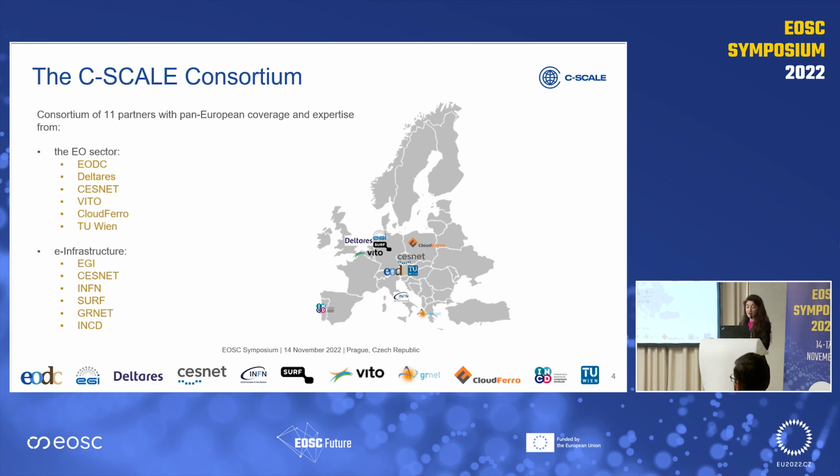More specifically, from the EO sector, we have EODC from Austria, Deltares from the Netherlands, Chestnut from Czech Republic, Vito from Belgium, Cloudflare from Poland, and TUVIN from Austria as well. And from the e-infrastructure world, we have the EGI Foundation from the Netherlands, Chestnut again, INFN from Italy, SURF from the Netherlands, GRNet from Greece, and INCD from Portugal.